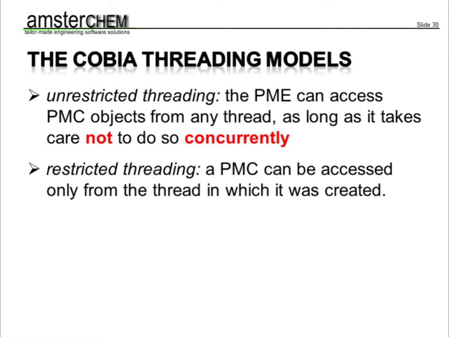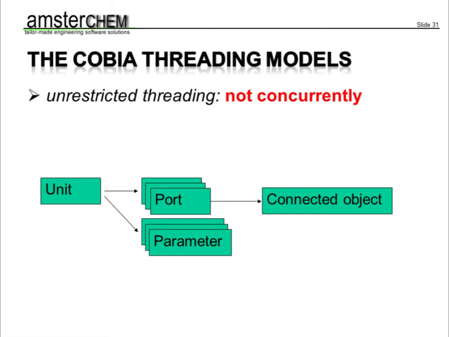What does that mean? CAPE-OPEN objects have a state, so it does not make sense to call a CAPE-OPEN object from multiple threads at the same time. A unit operation, for example, has ports and parameters. All of these are part of the state, and it makes sense for the entire unit and all of its ports and parameters to be accessed non-concurrently. Obviously, you do not want to reconnect a port while the unit is calculating. Similarly, you do not want to allow setting a parameter value while the unit is calculating.